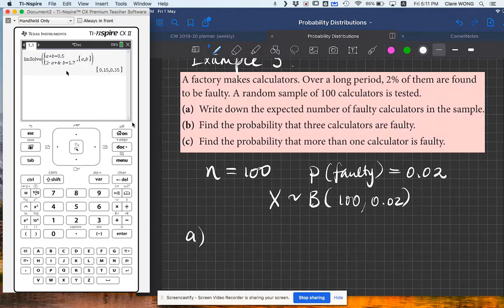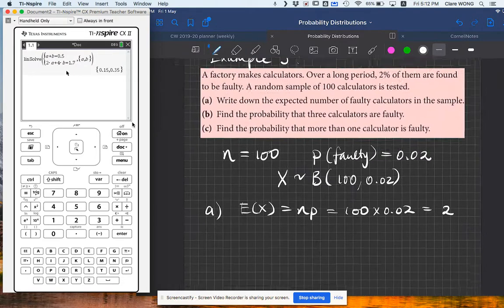A. Write down the expected number of faulty calculators in the sample. So the expected number is equal to np. So you just multiply the two values together, equal to 2. For every 100 calculators, you can expect 2 to be faulty.